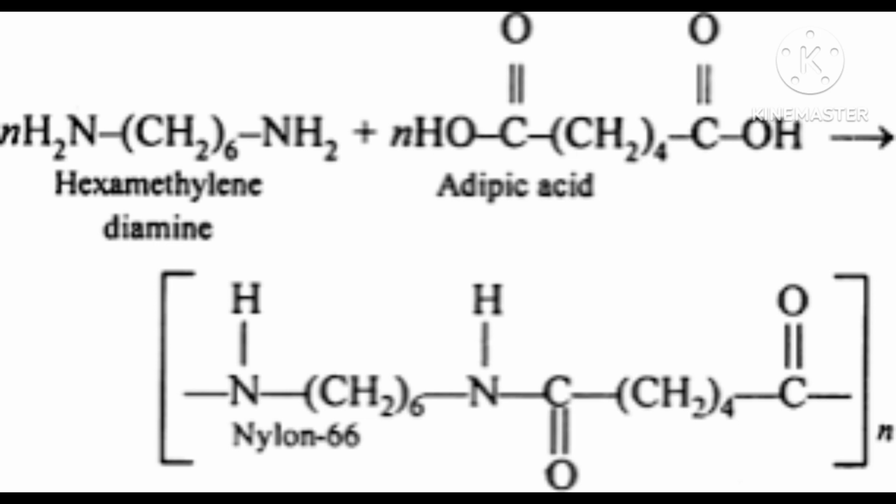Then you are using ethylene glycol here, and the second molecule you are using is benzene 1,4-dicarboxylic acid. That means 2 COOH groups are attached to benzene, one at one position and the other at the para position, just opposite, or 1,4 also you can tell. Hence its name is benzene 1,4-dicarboxylic acid.